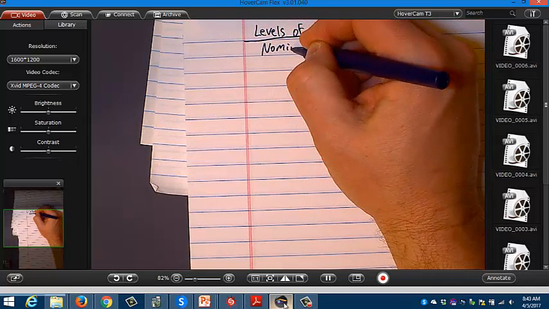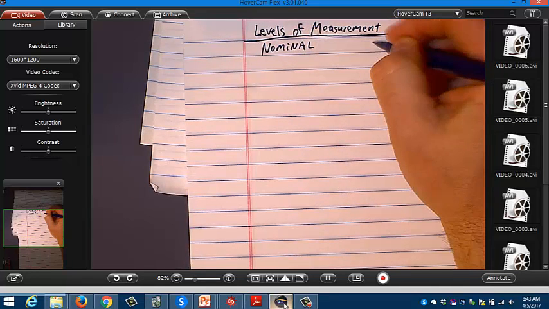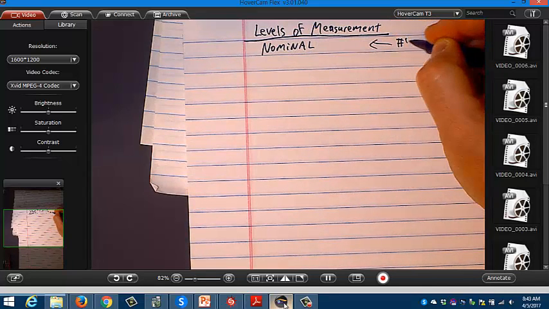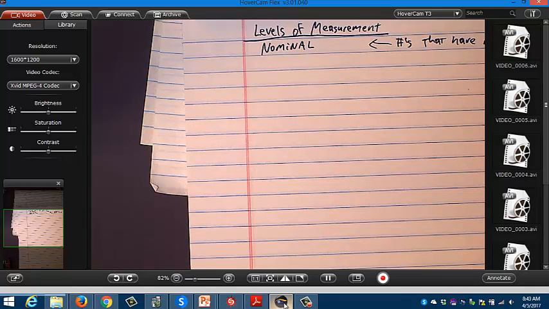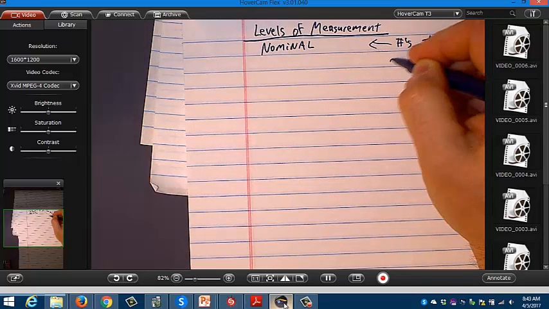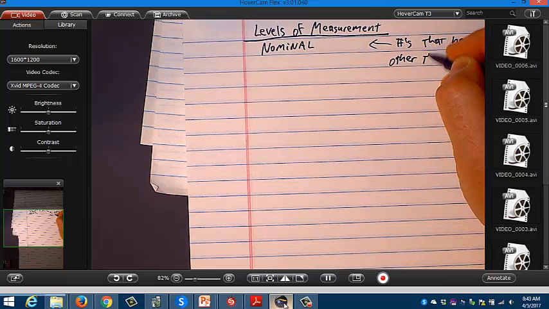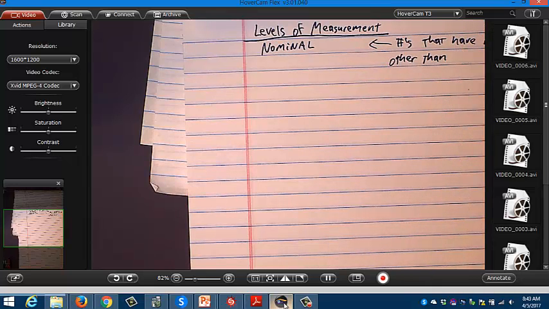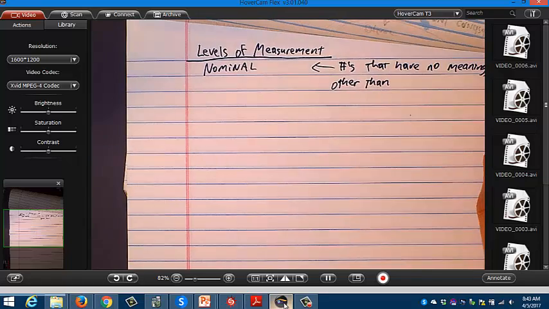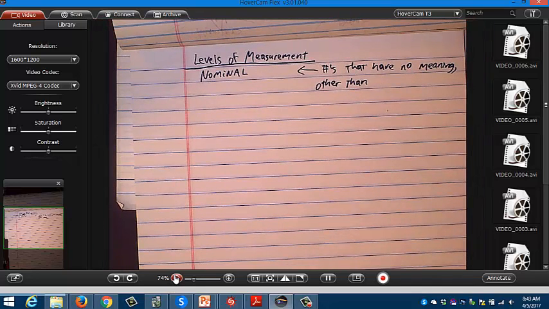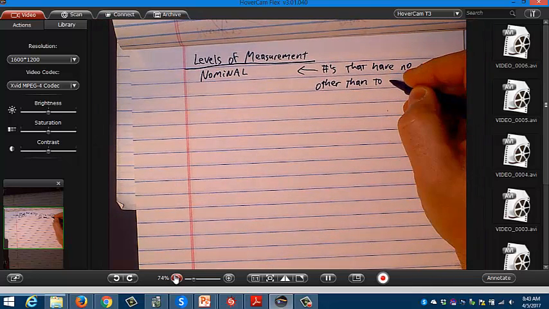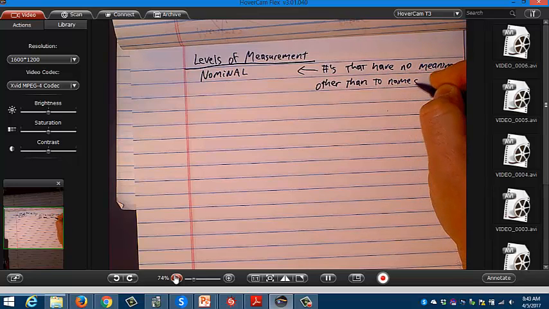Nominal. These are numbers that have no meaning other than to name something.